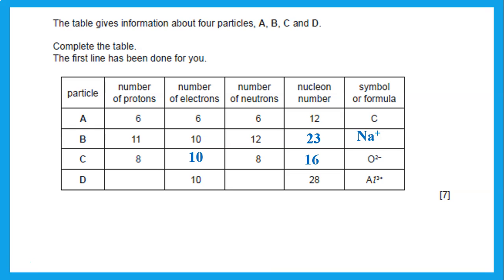Now, particle D, he says it should be aluminium 3+. Aluminium, I look at the periodic table. What is the atomic number of aluminium? I find that the small number for aluminium is 13, so that is the number of protons. What is the number of neutrons? Well, looking at the nucleon number. Can you see what the nucleon number is? We said the nucleon number, if he says it's 28, this is the number of protons plus neutrons.